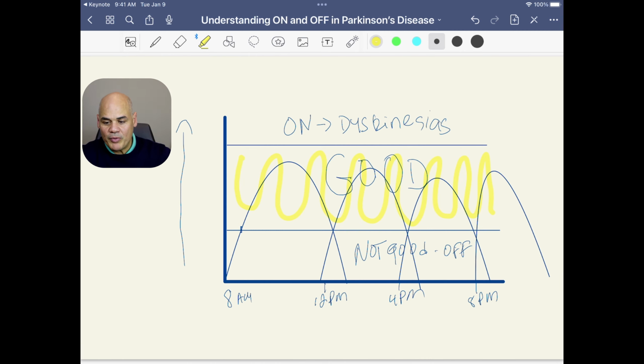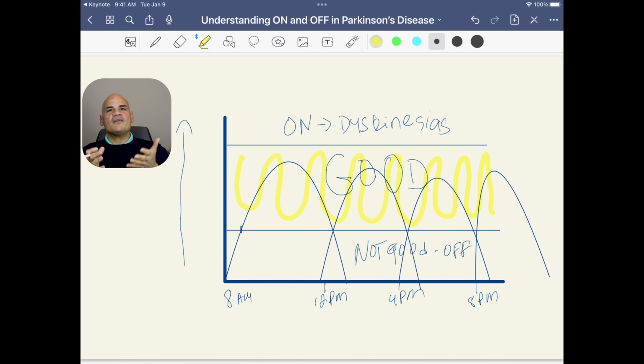So a person that has Parkinson disease during the early stages, typically almost any dose of the medication is going to help them. They're going to feel good. They might be a little bit off in the morning while they get that first dose of the medication going, but in between, they are going to feel that they are in the good state, in the on medication state.